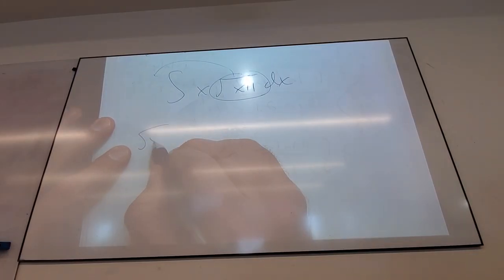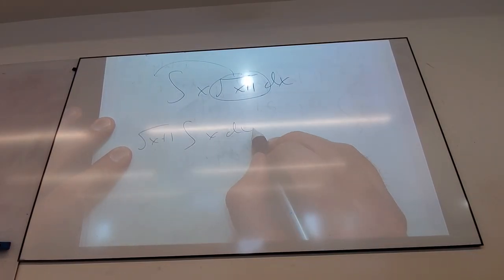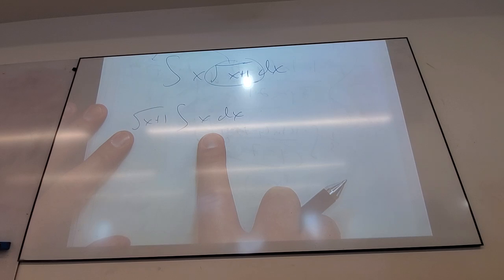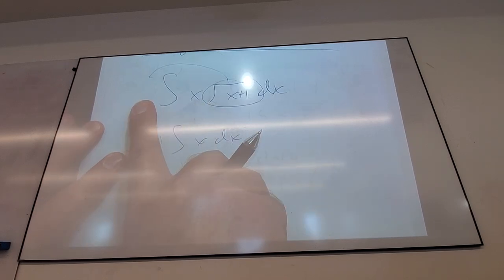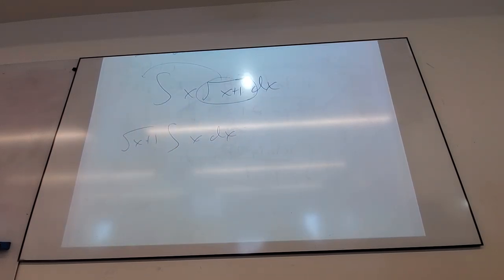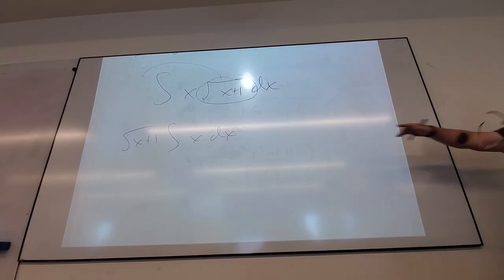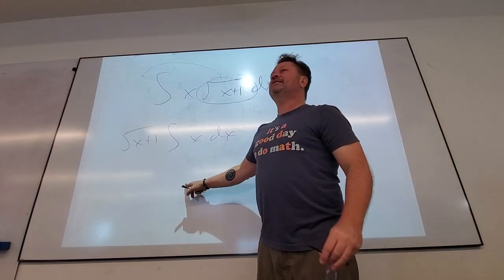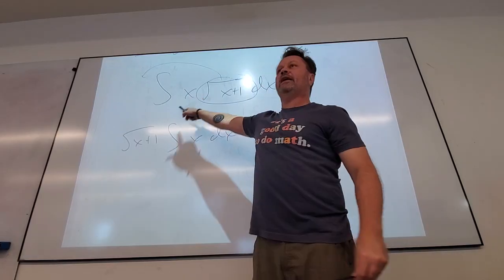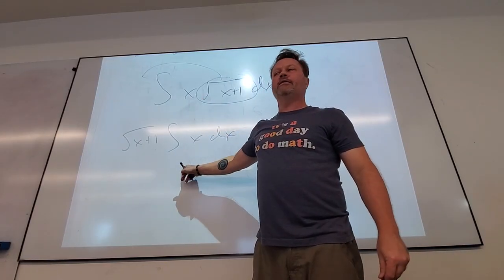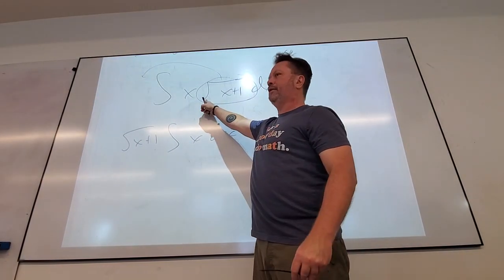Wouldn't it be great if I could just take this out? Is that integral easy now? That would be so cool if I could do that, but that doesn't make sense for several reasons. Primarily, the answer I get, its derivative is supposed to be this. There's no chance the answer I get here is going to have a derivative equal to this.